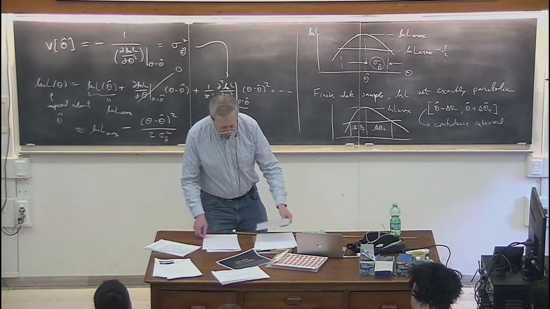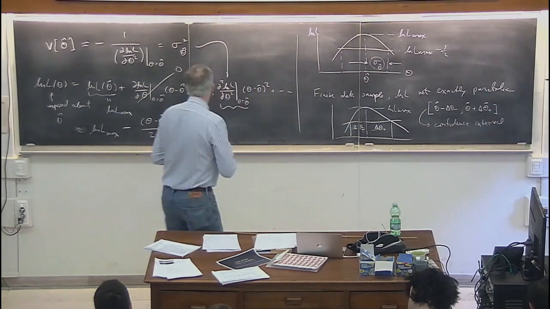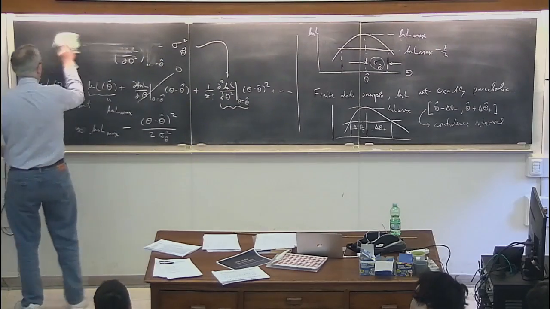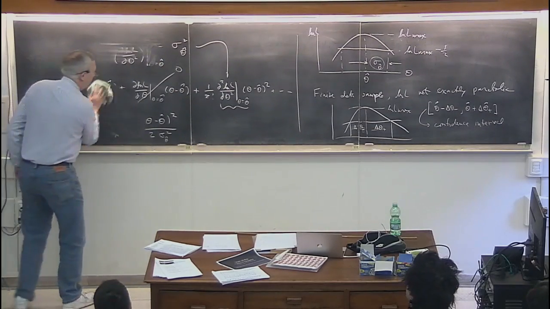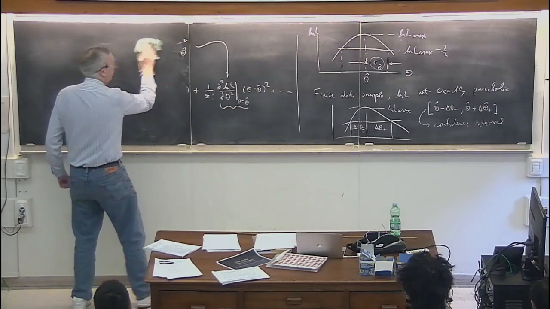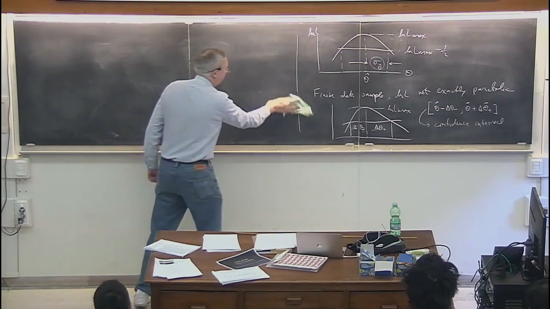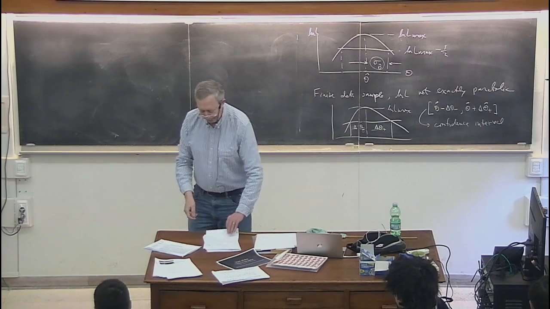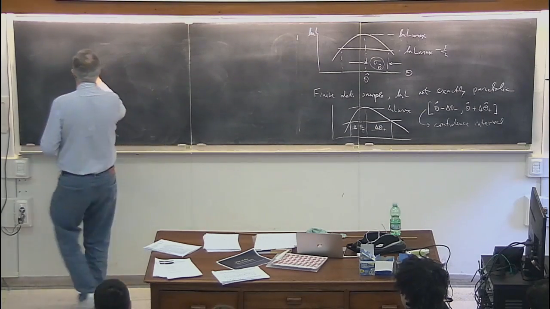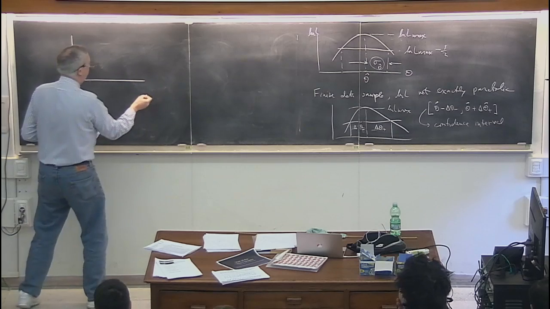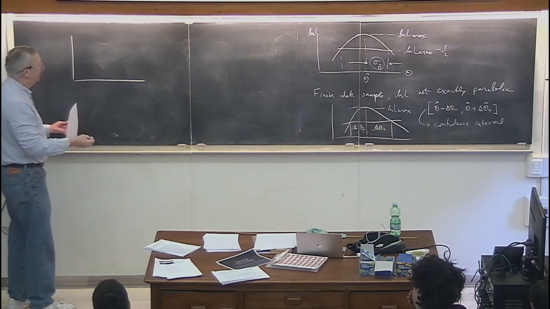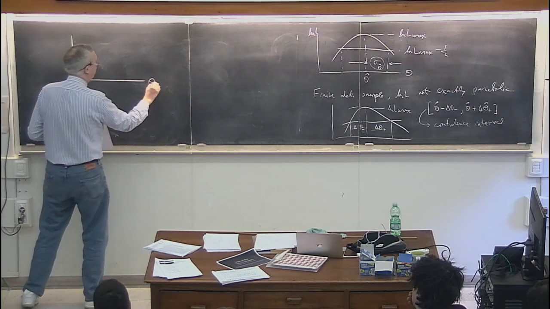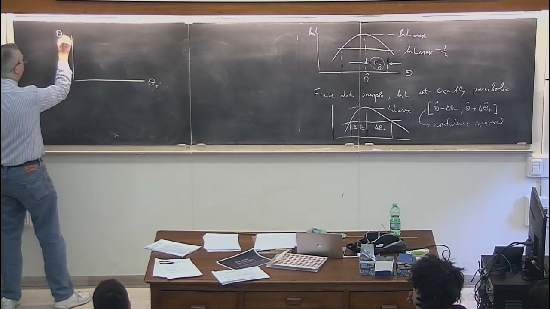Now, you can generalize this graphical recipe to the multi-parameter case, and here I'm just going to state the answer, and hope you will trust that the logic is very similar. But suppose you had a 2-parameter problem, but in fact this is the generalization to an arbitrary number of parameters. So let me just say theta i and theta j.